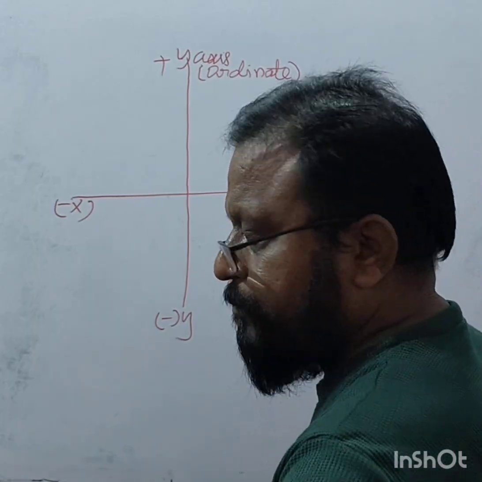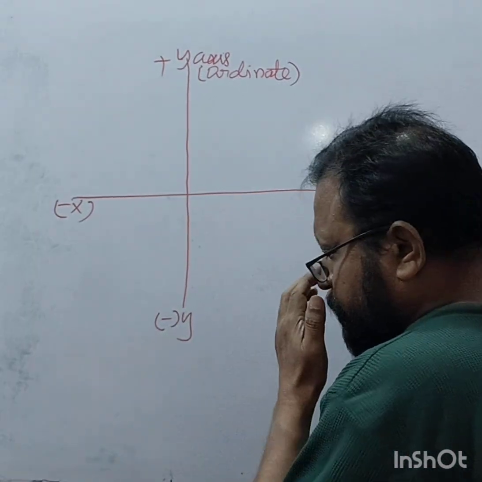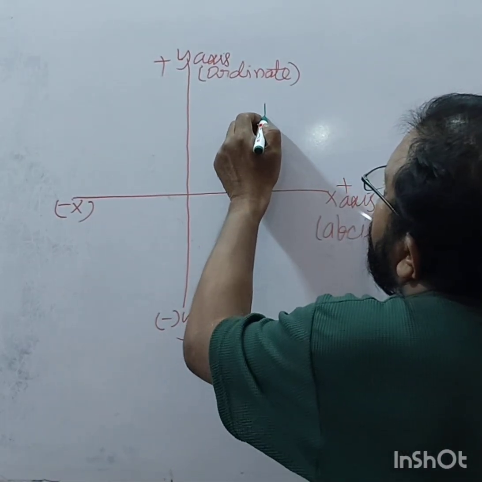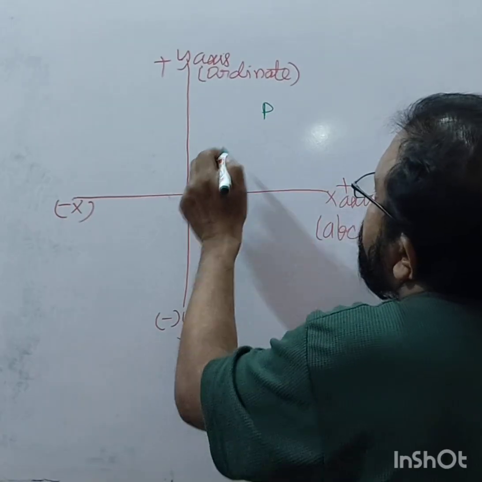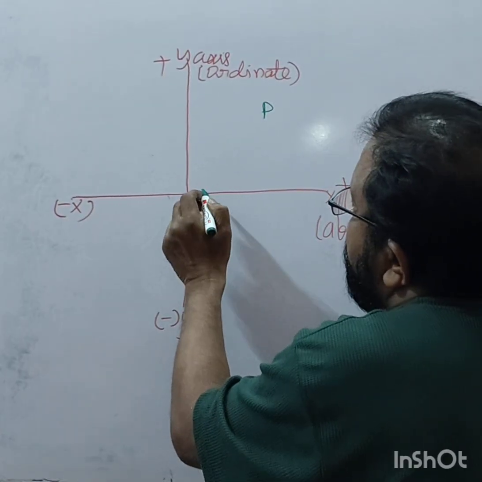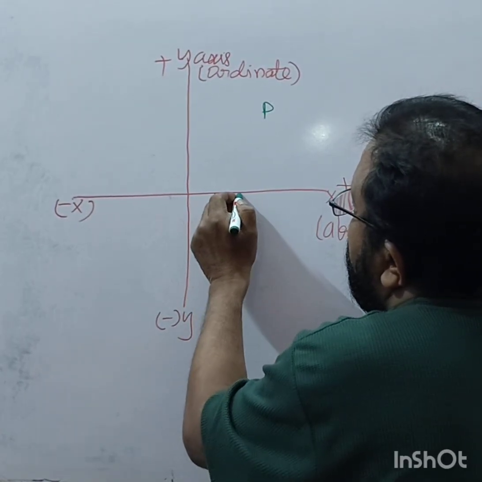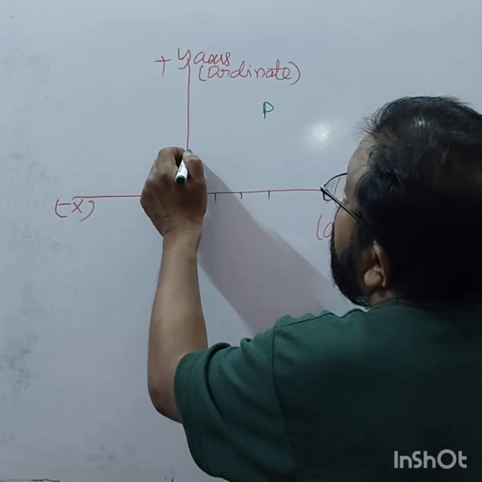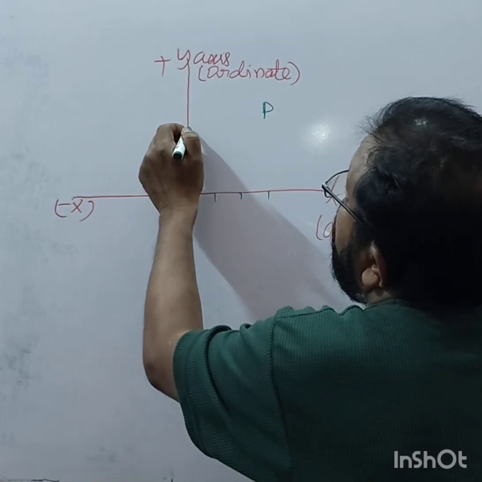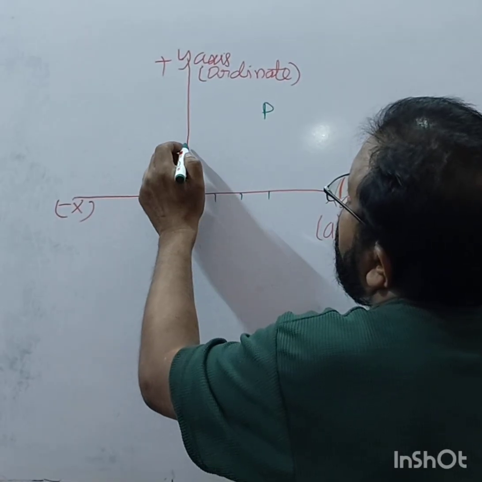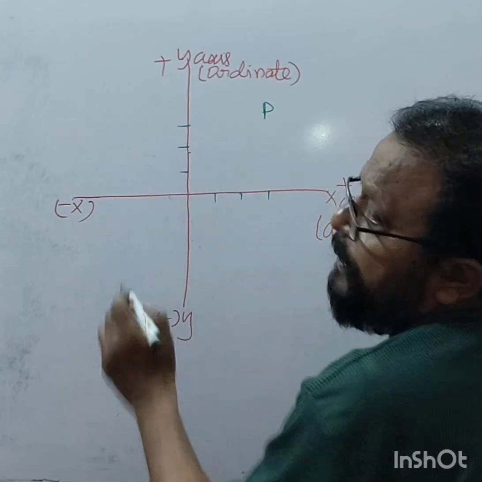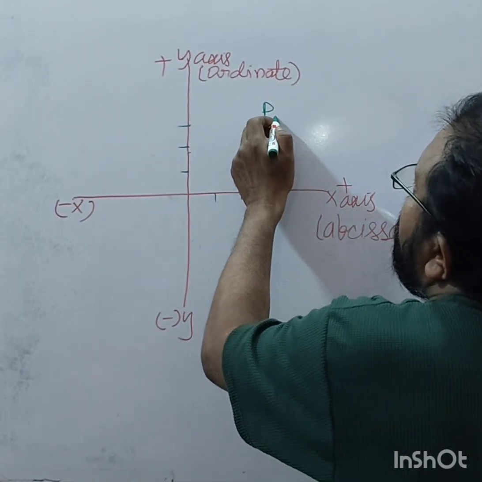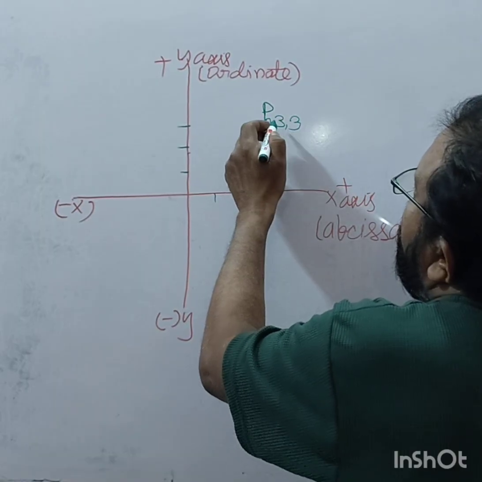Now, if there is a point P which has coordinates, say 3, 3. So its coordinates are 3, 3.